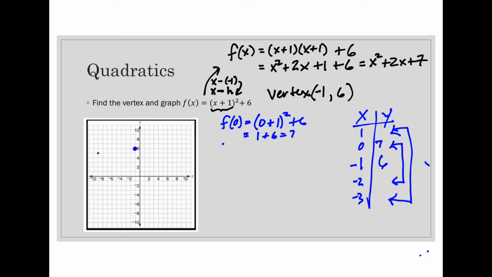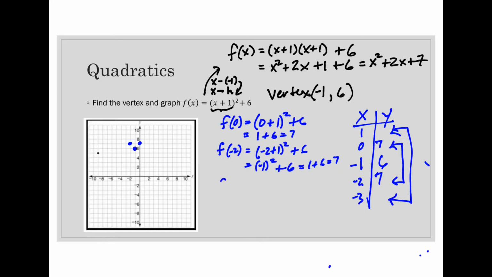And my question is, does negative 2 also give me 7? Well, let's check it out. So negative 2 plus 1 squared plus 6. So that's negative 1 squared plus 6. Well, negative 1 squared is positive 1, so that's 1 plus 6, which again is also 7. So graphing those out here, we have our first couple of points, and they are symmetric.